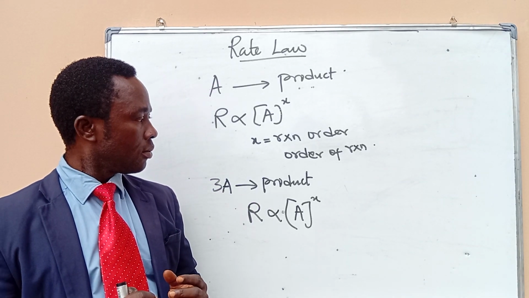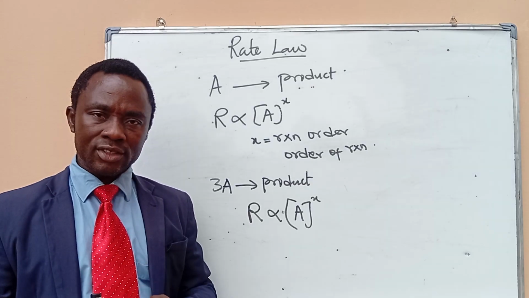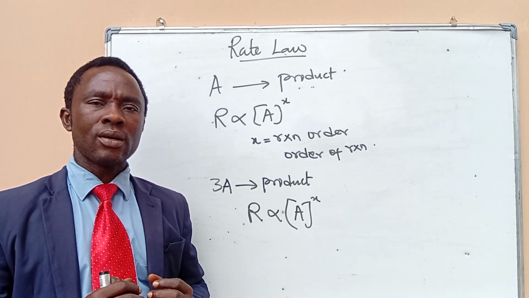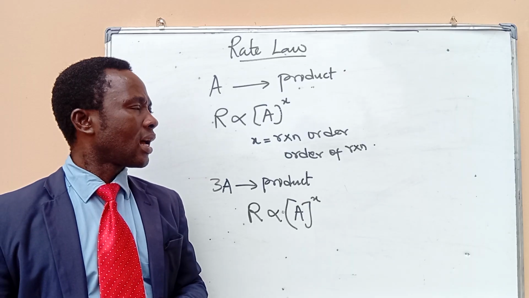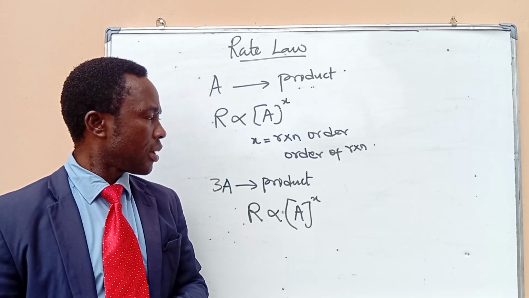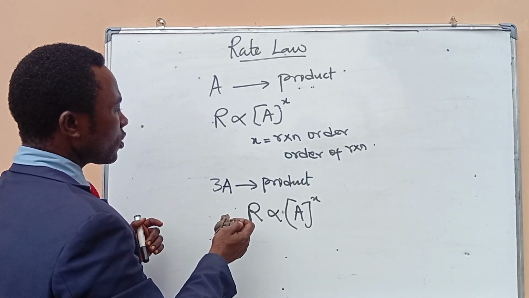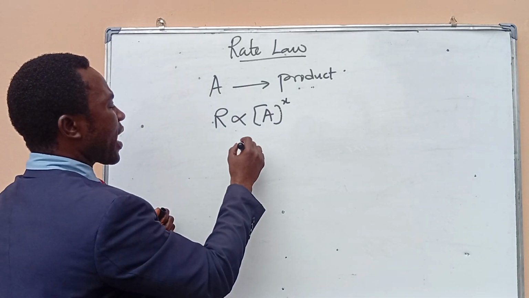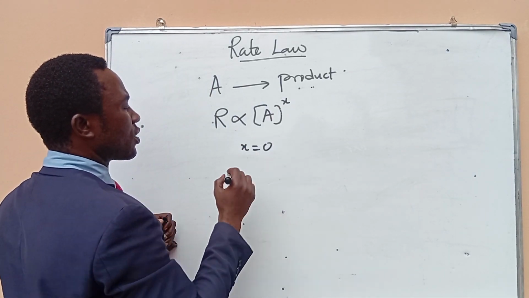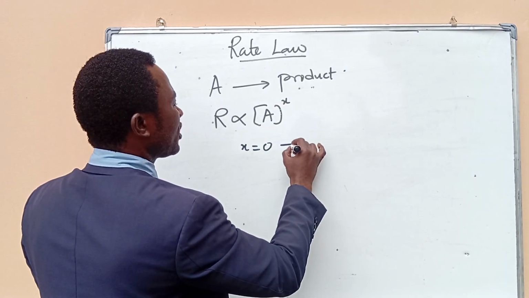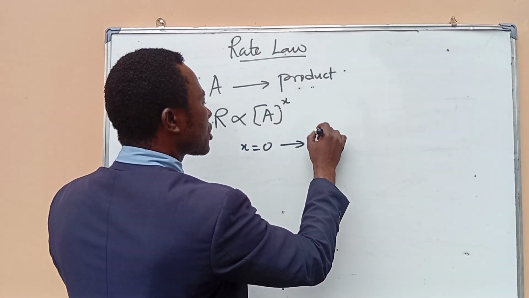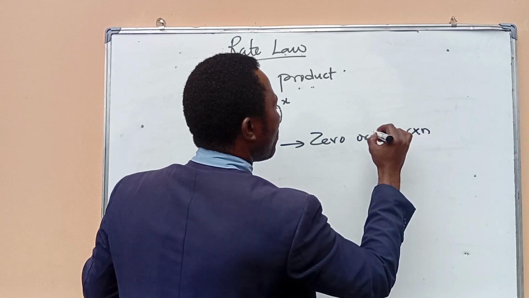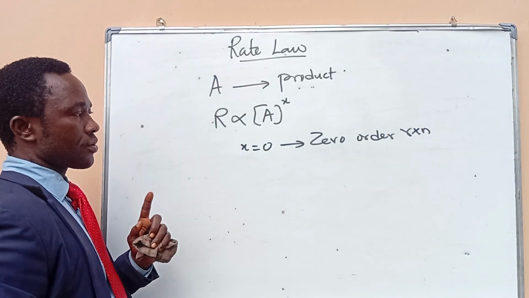In my other teachings, I will give you how to determine the order of reaction, as well as the reaction mechanisms. Now, I want us to know from here that if x is equal to 0, this reaction will be called a zero order reaction, because the reaction order is 0.